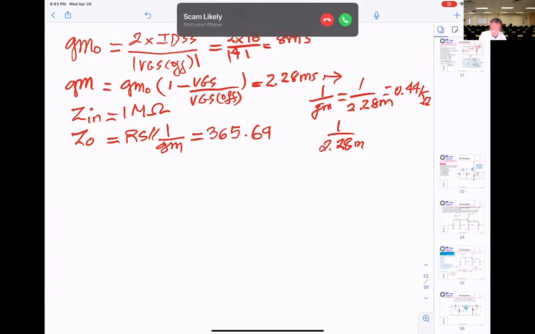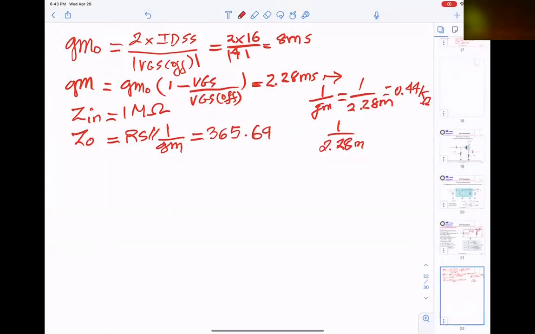Then you need to times 10 to the minus 3. So if you take the reciprocal of 2.28 milli, it should come out to 438.596.